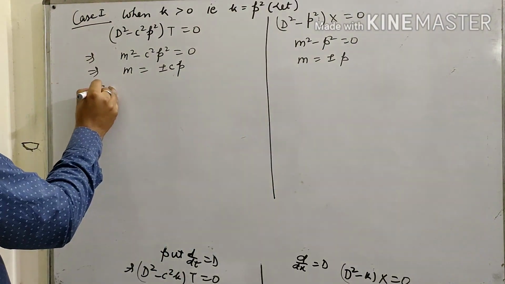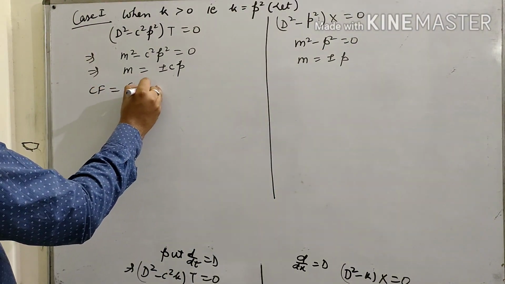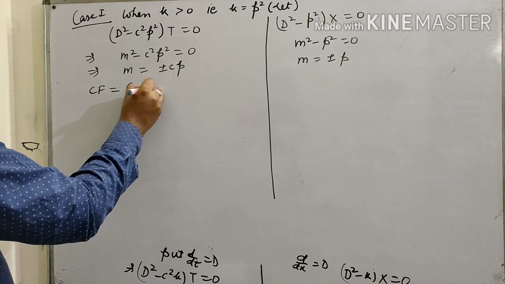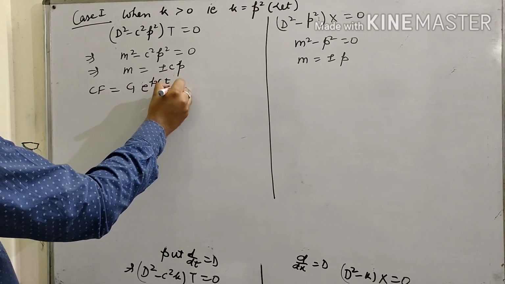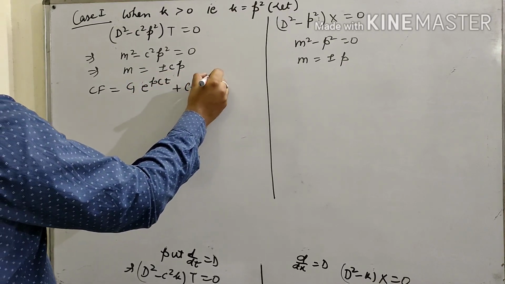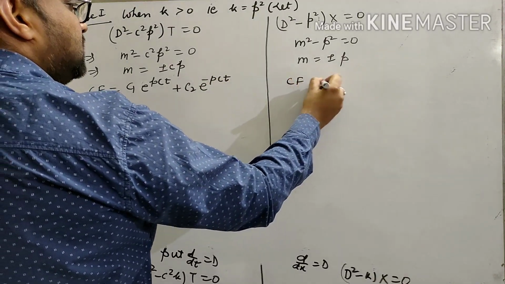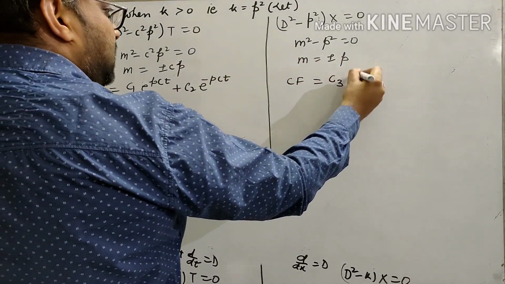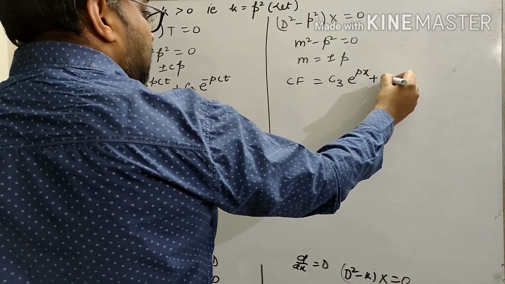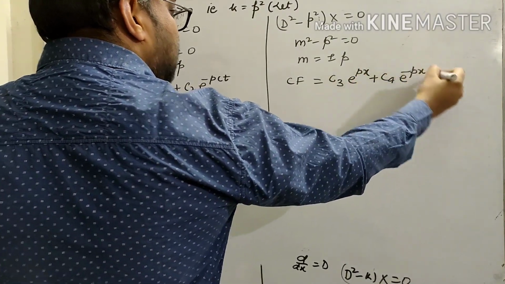So CF is equal to C1 e raised to power pct plus C2 e raised to power minus pct. And from here CF is equal to C3 e raised to power px plus C4 e raised to power minus px.